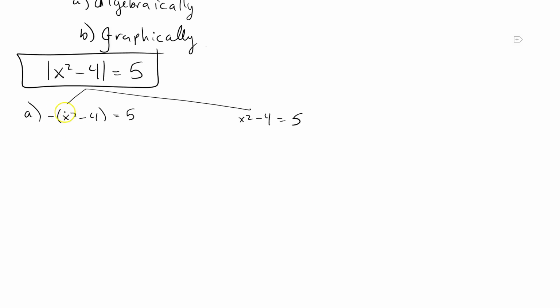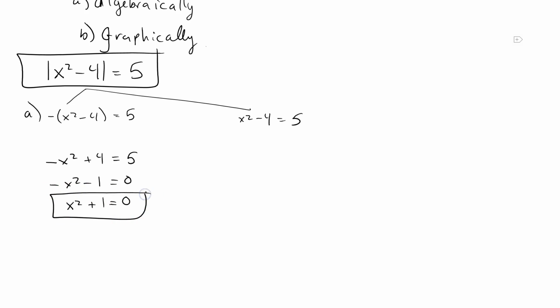I'm going to distribute that negative, so it's going to be negative x squared plus 4 equals 5. Subtract 5 from both sides, so negative x squared minus 1 equals 0. I can multiply through by a negative 1, so that becomes x squared plus 1 equals 0.